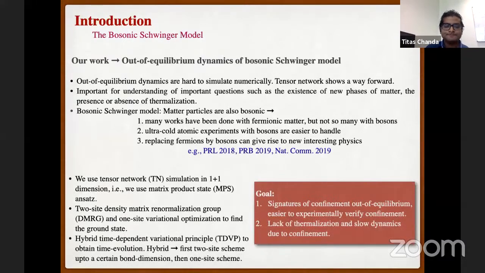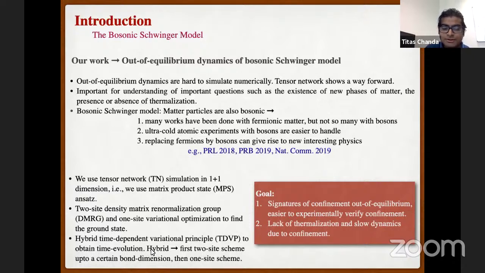So in our work, we use tensor network simulation in 1+1 dimension. That is, we use matrix product state ansatz. To find the ground state of the system, first we use two-side density matrix renormalization group, that is DMRG. And then we also perform one-side variational optimization, which is also called one-side DMRG. Then for time evolution, we use the state-of-the-art hybrid time-dependent variational principle, that is TDVP.